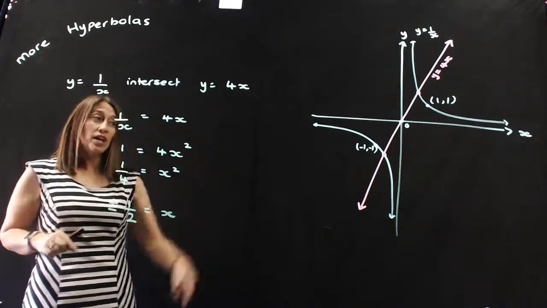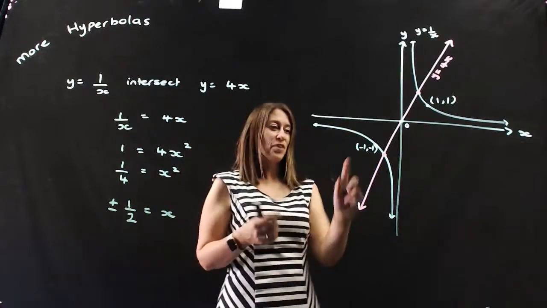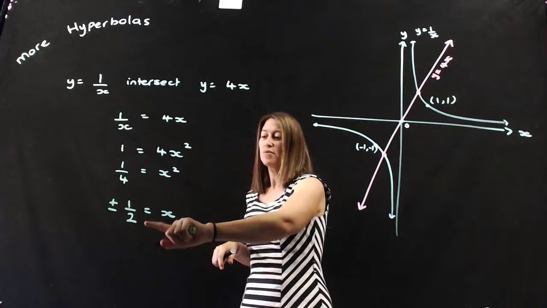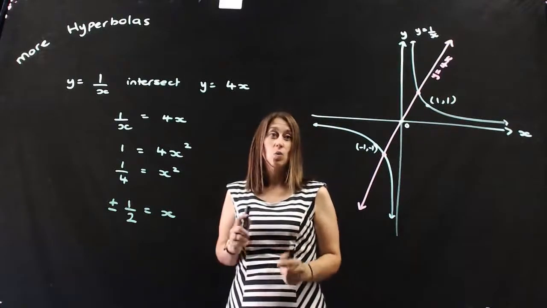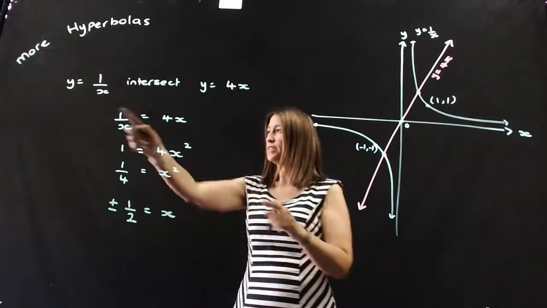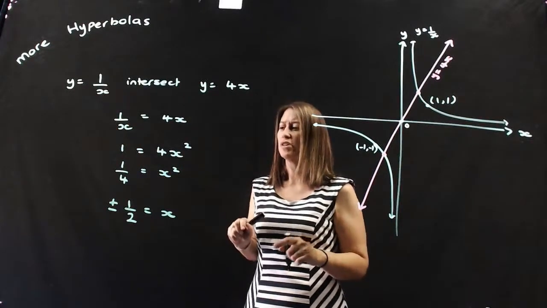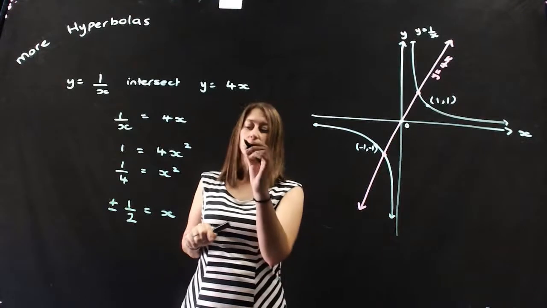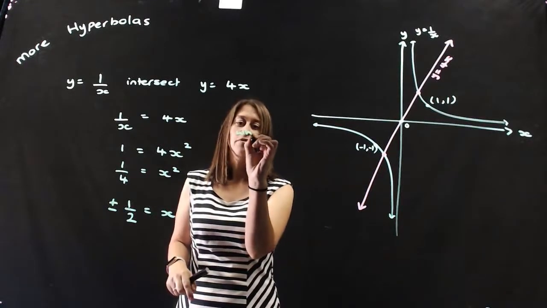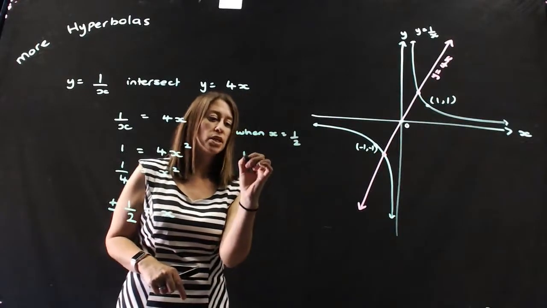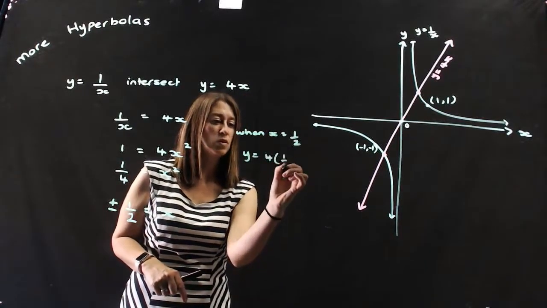Now, I know that's what the x values are, but we need to find the corresponding y values. So to do that, I'm going to substitute the x values into our y equation here. I can obviously substitute them into that one if I want, but it's far easier to substitute them into this equation. So I'm going to use this one here. So when x is a half, let's find y. y equals 4 lots of half.